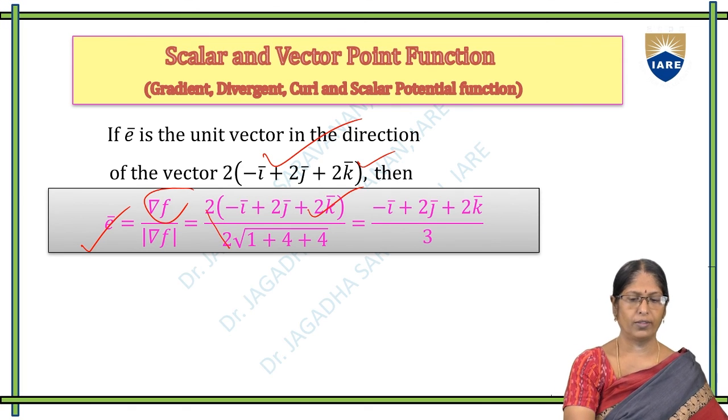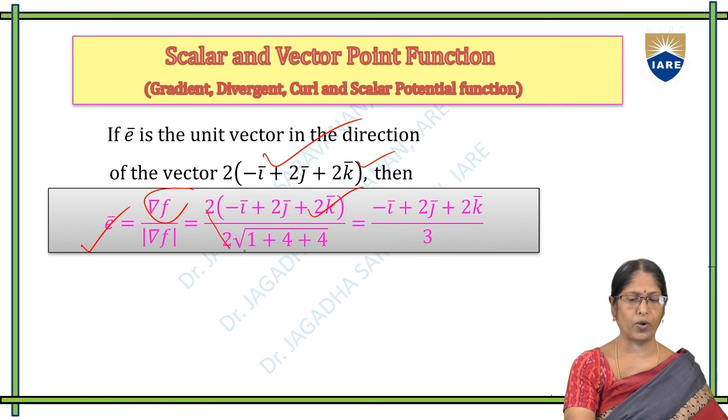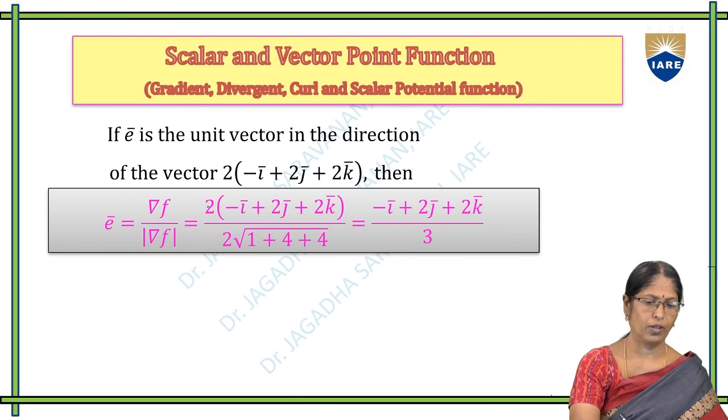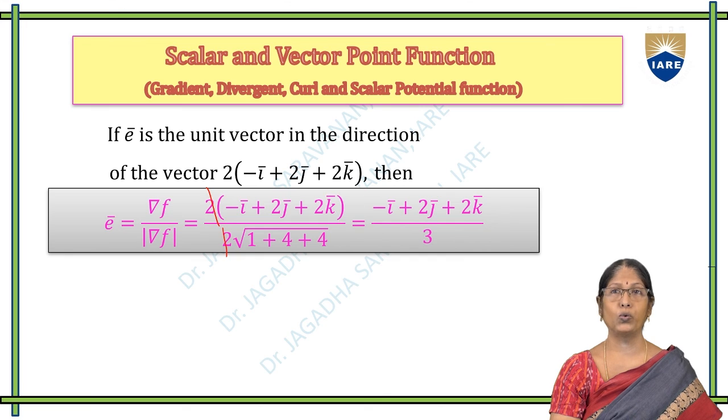Square root of the i coefficient, here before minus 1, 1 squared is 1, 2 squared is 4, here 2 squared is 4. The 2s get cancelled. So the leftover is minus i plus 2j plus 2k divided by root 9, that is 3.